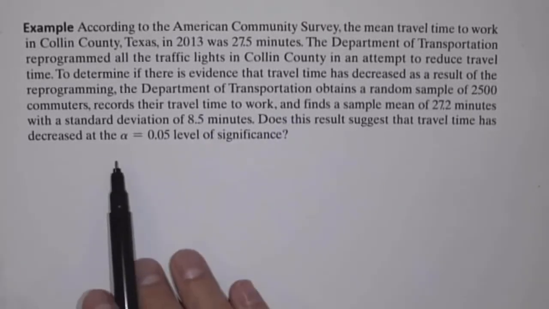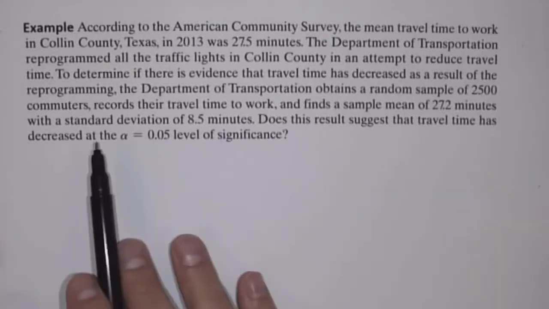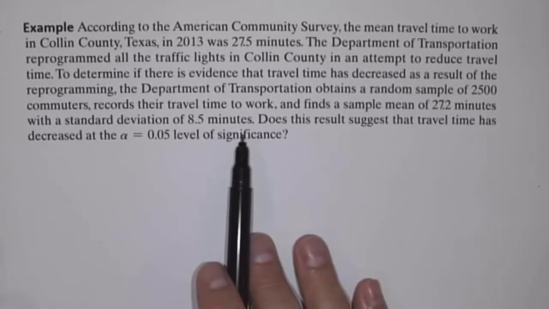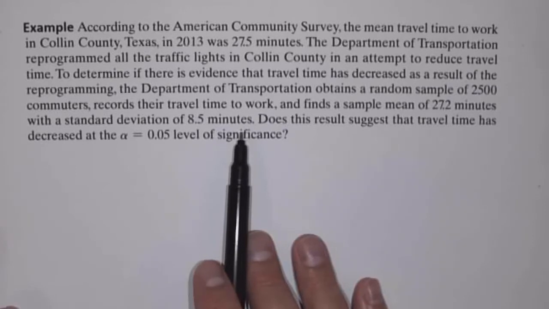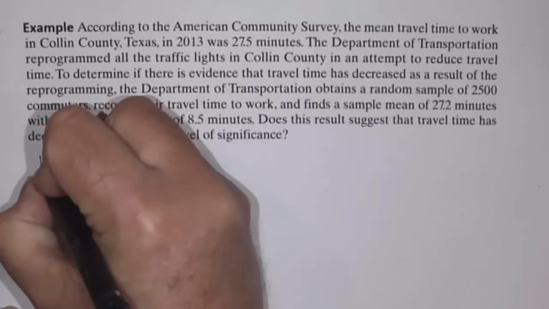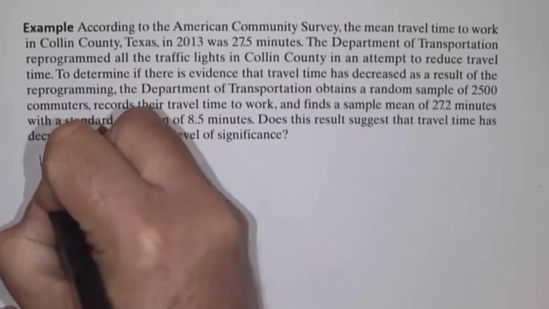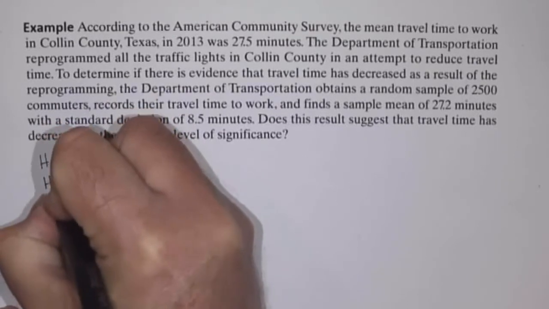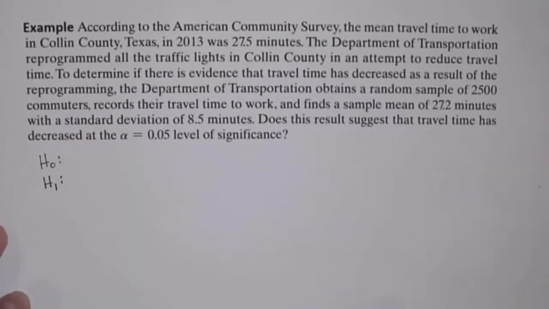So we're going to conduct a hypothesis test to determine if the travel time to work in Collin County, Texas has decreased as a result of the Department of Transportation reprogramming all the stoplights. So we're going to have a null hypothesis and an alternative hypothesis.